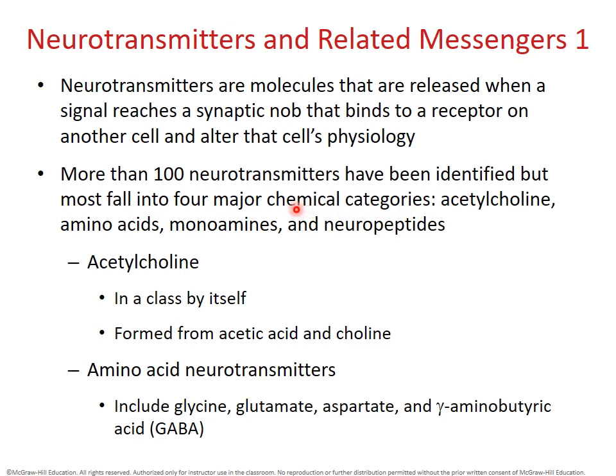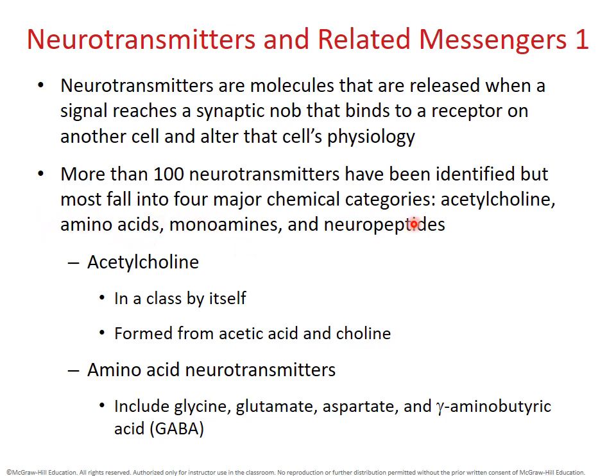The four major categories of neurotransmitters are, as you can see here, and in Objective 131, acetylcholine, amino acids, monoamines, and neuropeptides. So, as you can see, many of the neurotransmitters are not necessarily very large molecules. Amino acids, remember, are building blocks of proteins, and while they're not as small as water, they're certainly not macromolecules by any means.